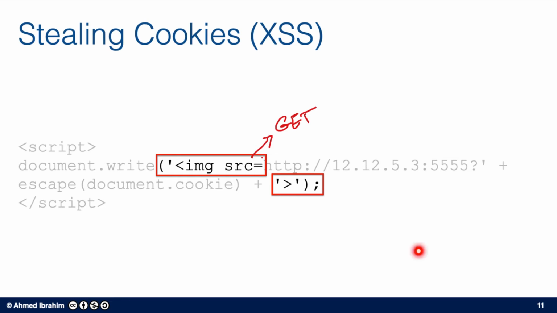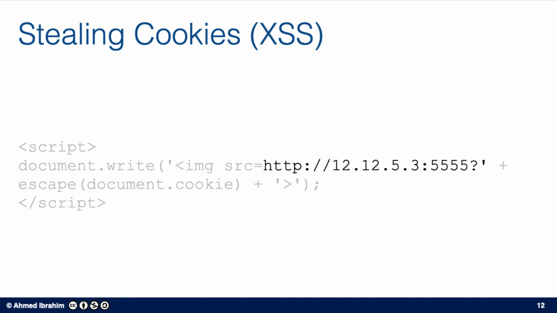Also notice here that we have split the command into multiple parts because you will see what this part does later on. What happens here is that we include the IP address of the attacker. So this part over here is the IP address for the attacker machine.